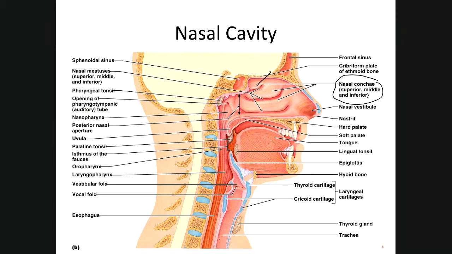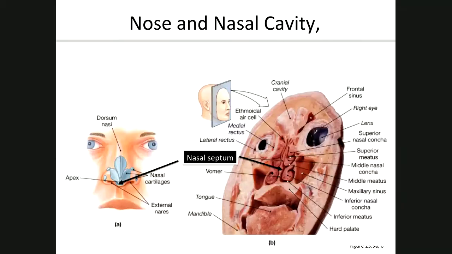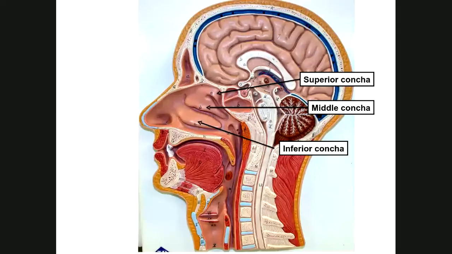There's the superior, there's the middle, there's the inferior. If we look on our model, we can see the same thing. So if we go to the model, we'll see a superior, a middle, and an inferior nasal concha. And again, remember they're shaped like curlicues, like this. And so they create this turbulence.